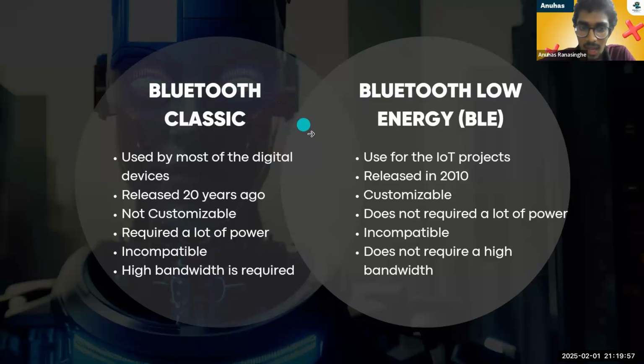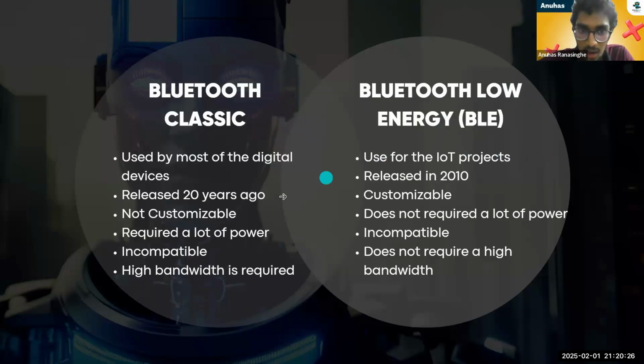Most of the time we use Bluetooth Classic for smartphones, earbuds, and other day-to-day items. But Bluetooth Low Energy we use especially for IoT projects, and it is very customizable. That's why IoT projects take up BLE for data communication.